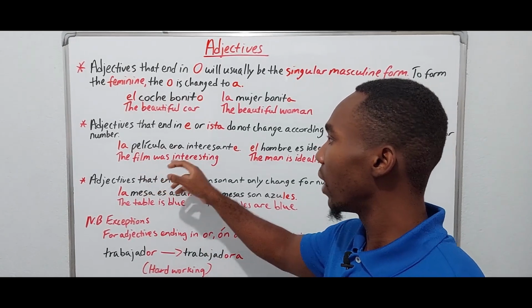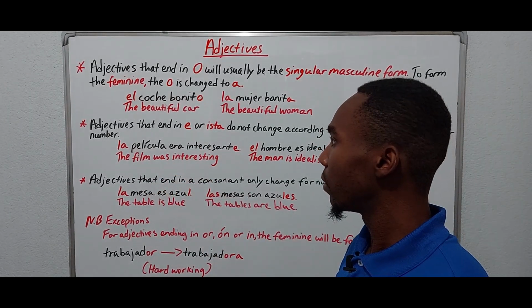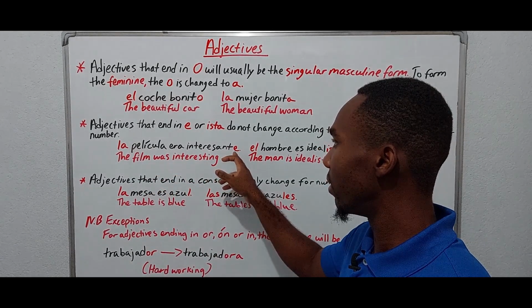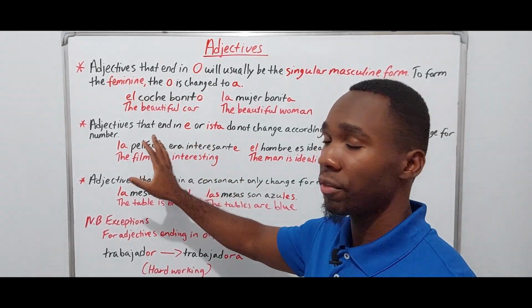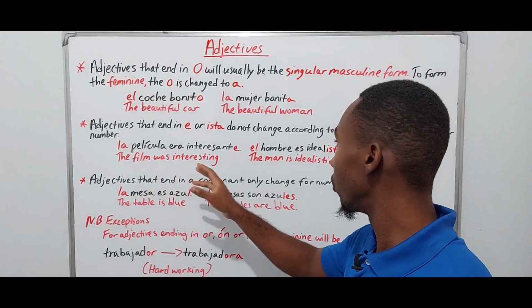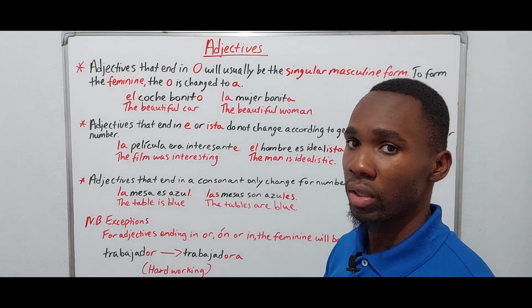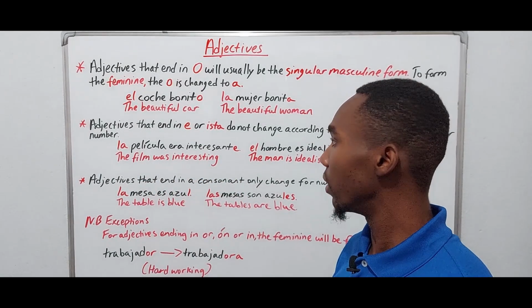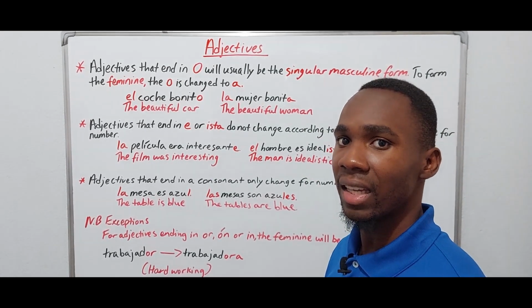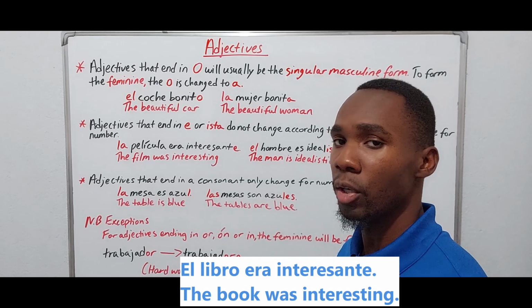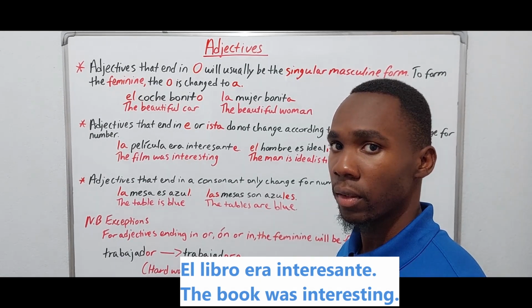So, la película era interesante. You see, interesante ends in E, but it is used with a feminine noun. This could also be used with a masculine noun, right? So you could say, el libro era interesante. Right, the book was interesting.